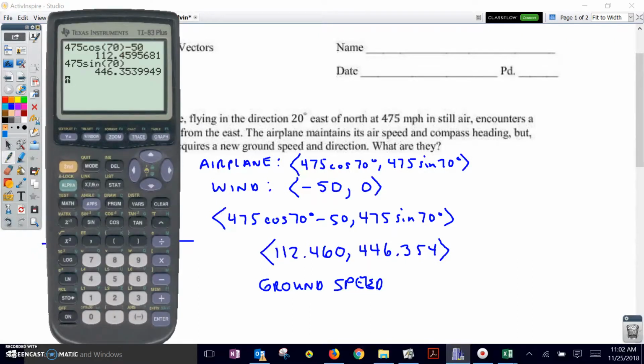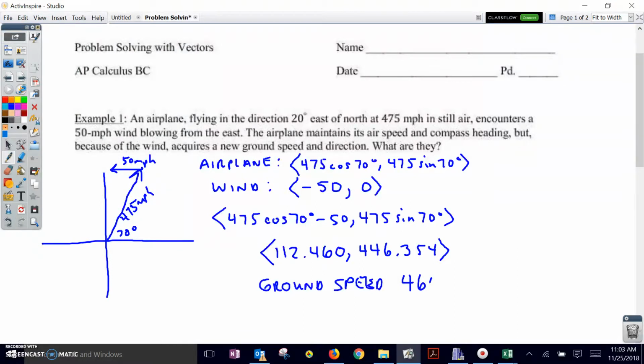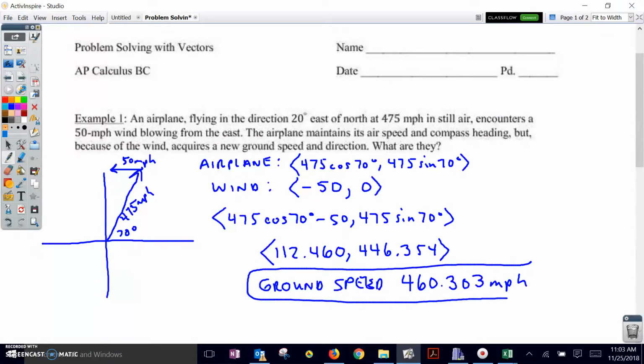I've got the square root of 112.460 squared plus 446.354 squared. And the magnitude of this vector is 460.303 miles per hour. So there's my ground speed.